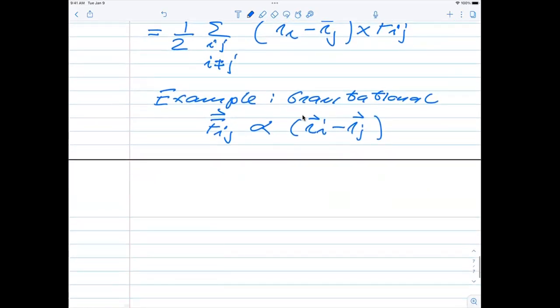So what happens now if we plug in the gravitational force, we are going to have r_i minus r_j, and then we have the cross product with itself. And what is this equal to, if we have such a force like that?